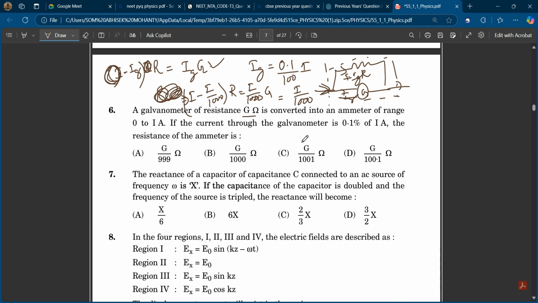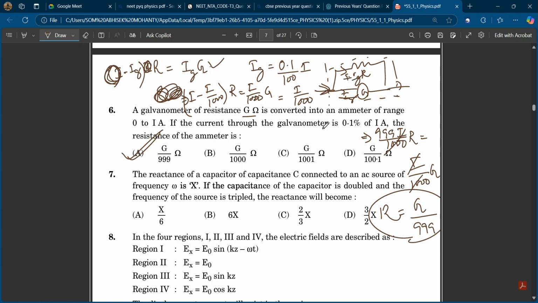Because Ig is equal to 0.1 by 100 into I. Okay, so if we subtract, this will be 999 I by 1000. R is equal to I by 1000 G. So I cancels out, 1000 also cancels out. So R is equal to G by 999. That's the answer. Okay, got it?